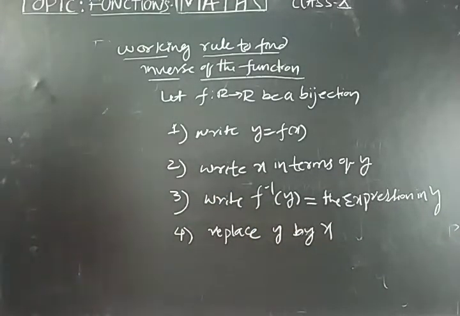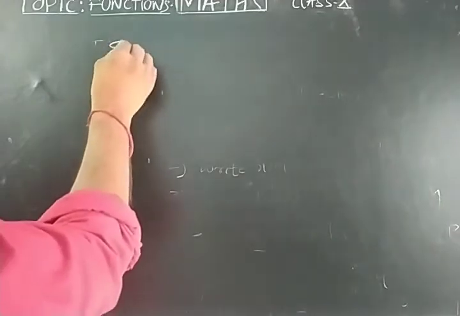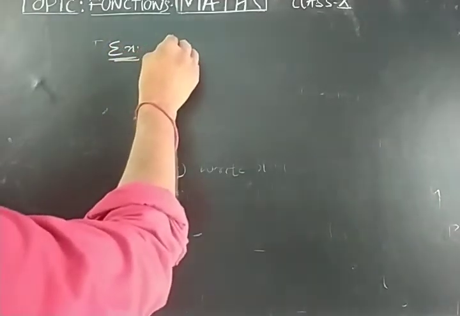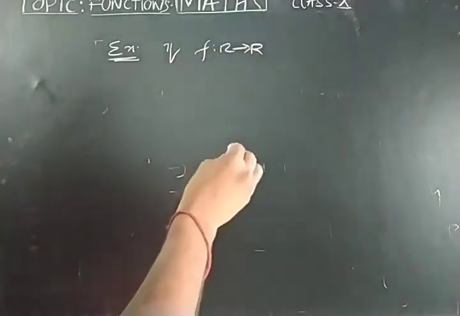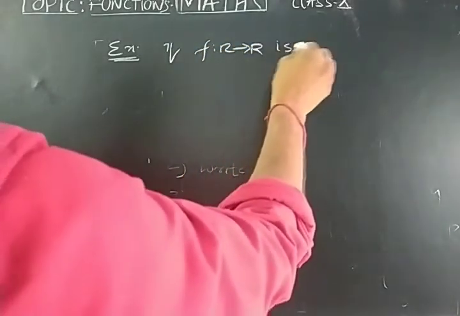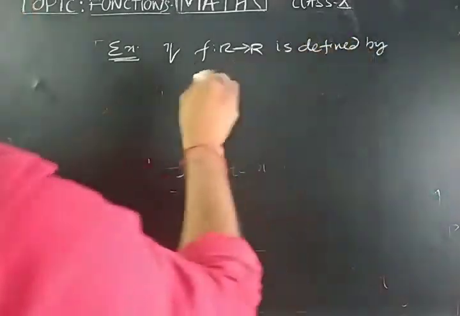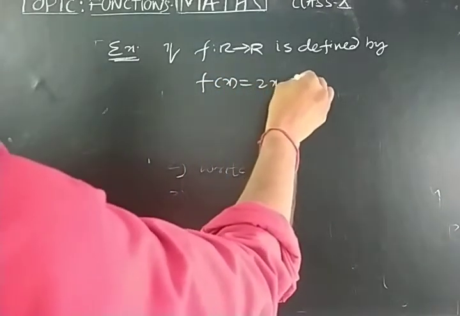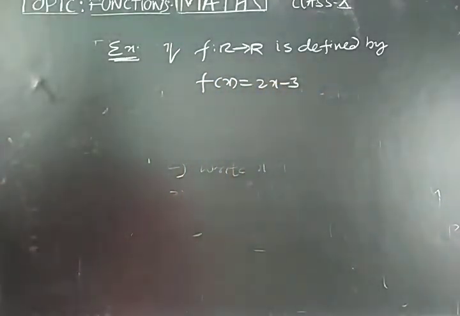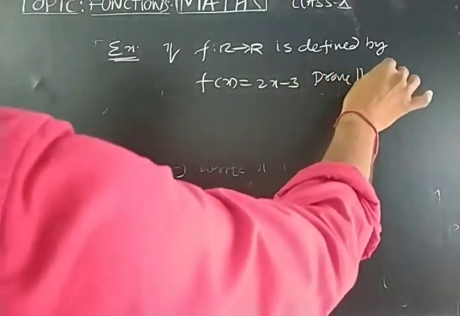Okay, let us do one problem on this, then you can understand how to find the inverse of the function. Example: if f from R to R is defined by f of x equal to 2x minus 3, first prove that f is a bijection.